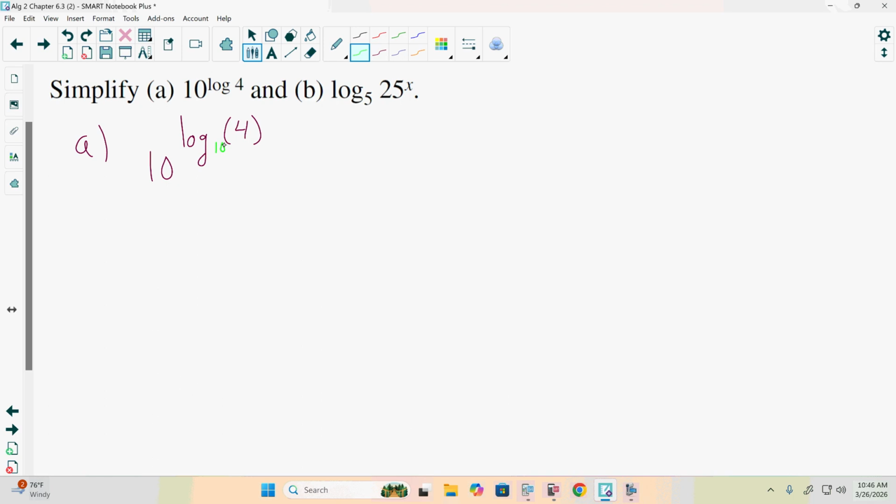And according to this inverse property, if the base of the logarithm and the base of what we're putting this to are the same, they'll simplify out, leaving us with what's inside the logarithm, which is 4. So 10 to the log of 4 is just 4.